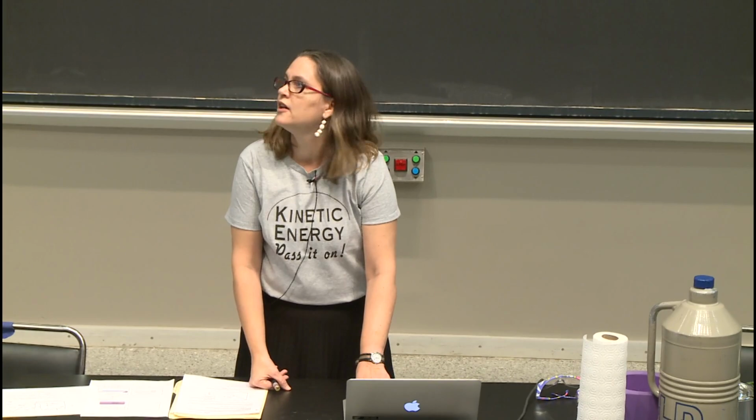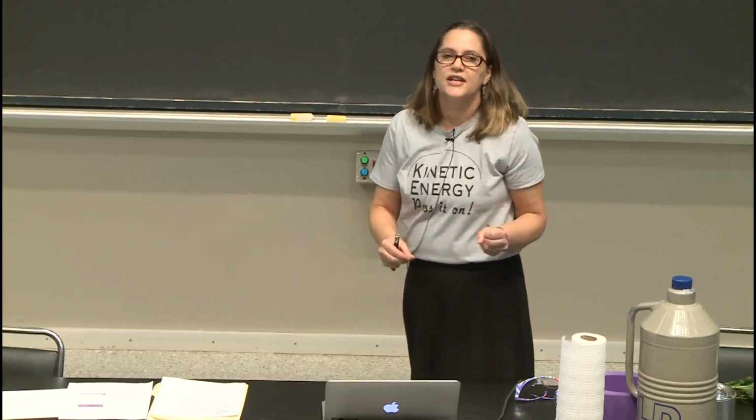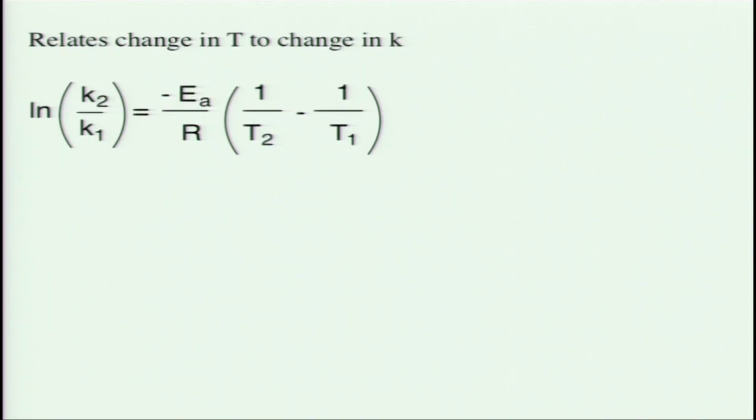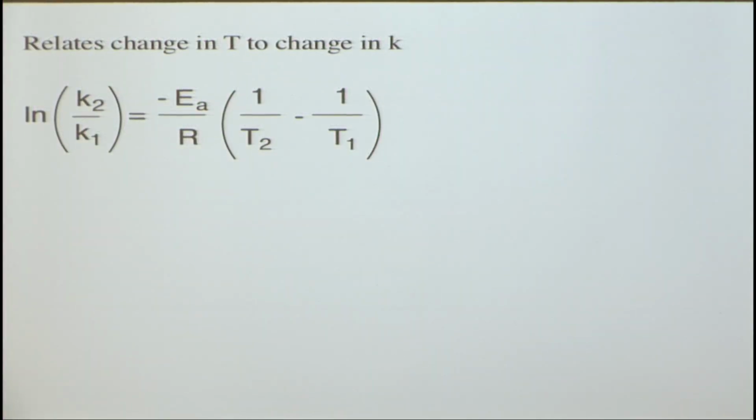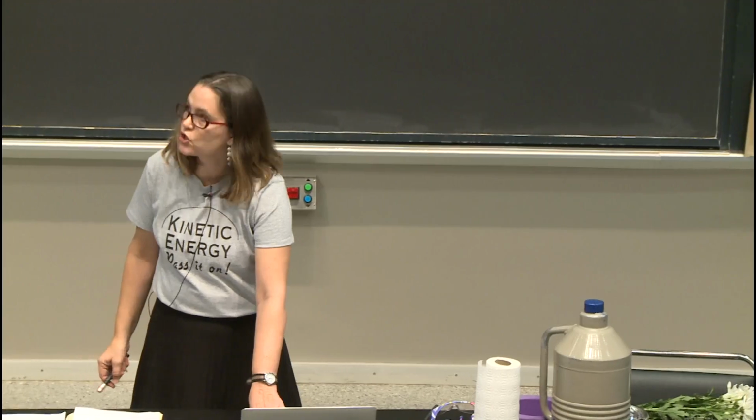OK, so this equation that we just derived shows us the relationship between rate constants and temperature. So again, natural log K2 over K1 equals minus the activation energy over the gas constant, times our temperature term.